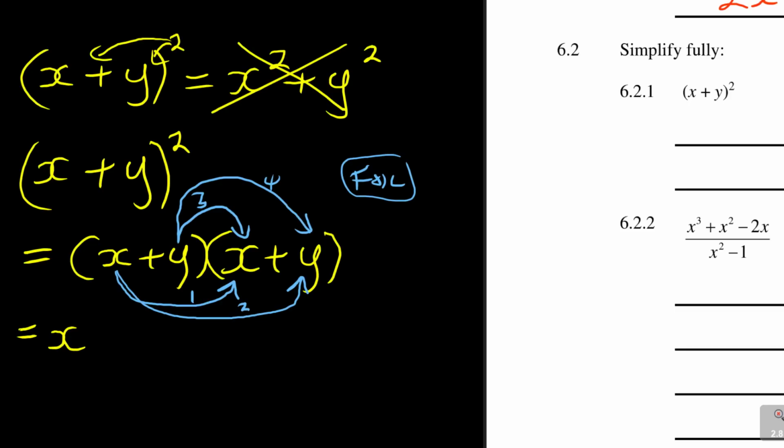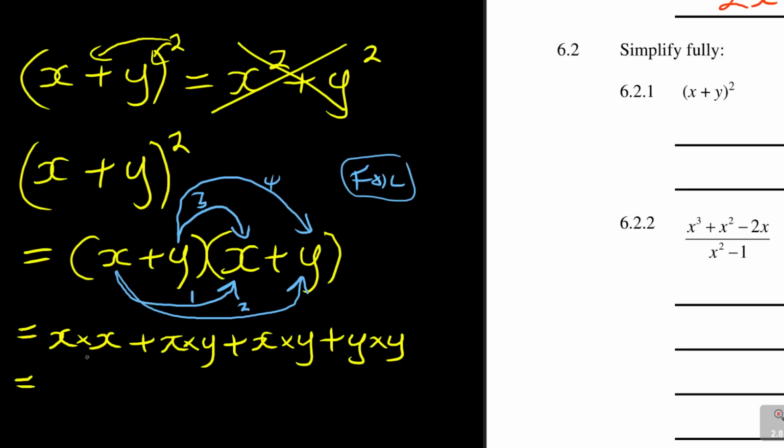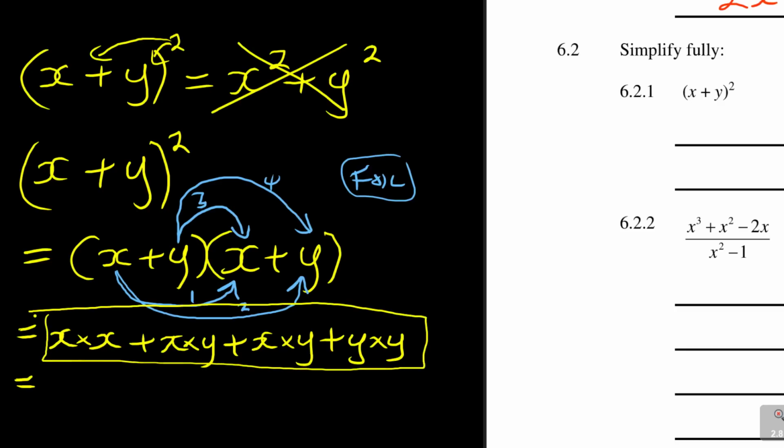You can even write it like this, x times x, I'm just making it long, and then plus x times y, plus y times x, which is same as x times y. You just follow the alphabetical order. Then plus y times y. This was not necessary. You can avoid this.